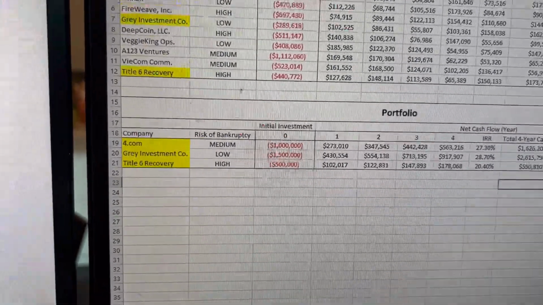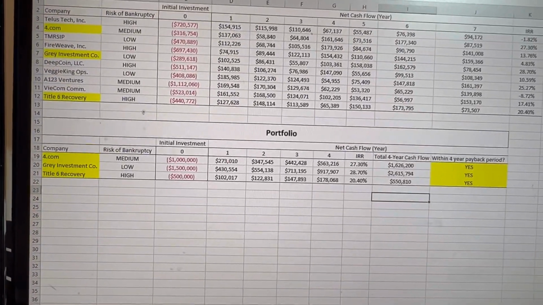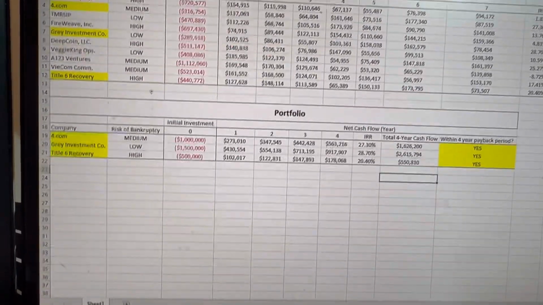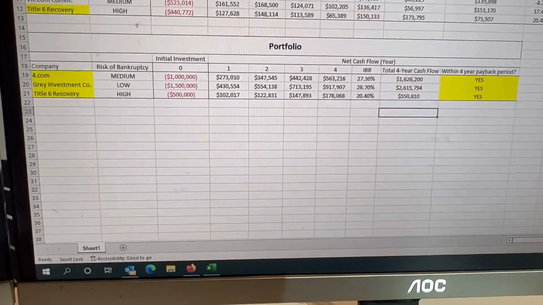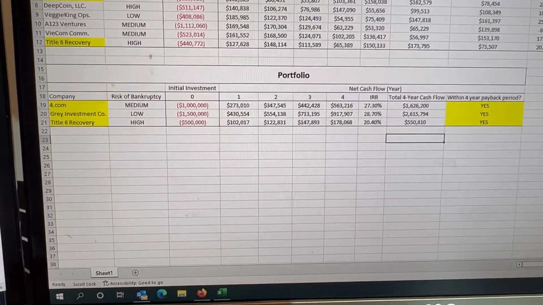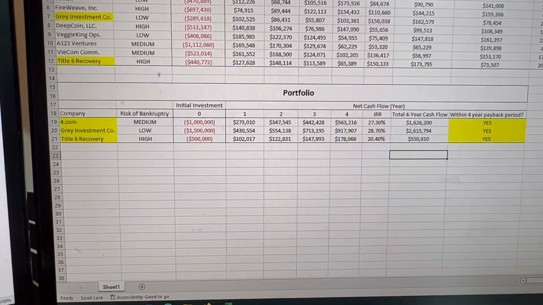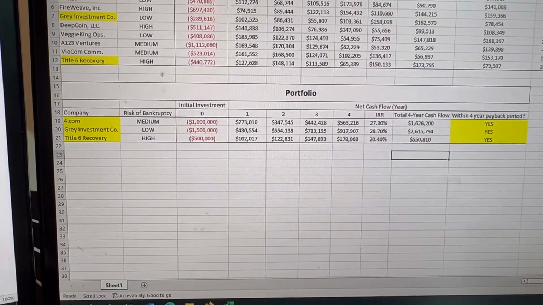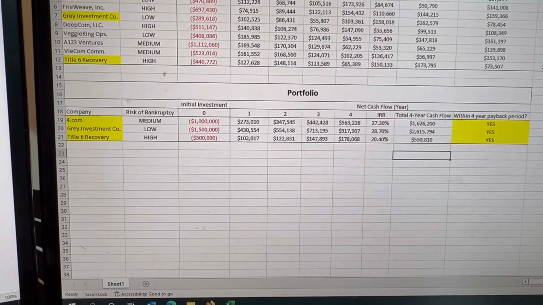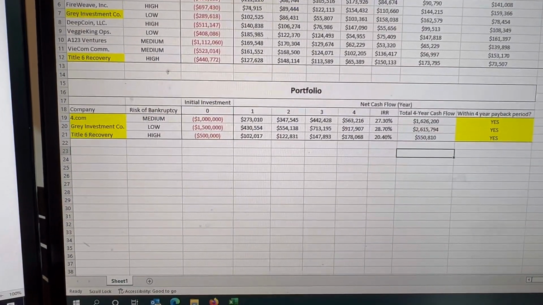And then, next what I did was I created a table containing only these three companies, as you can see, with the highest internal rate of return. So considering the internal rate of return and the risk of bankruptcy of each company, it made sense to invest more heavily into the company with the higher internal rate of return and lower risk of bankruptcy.